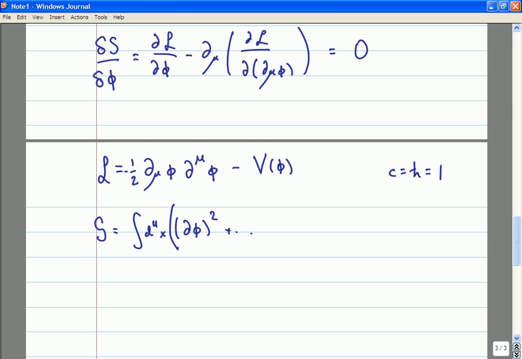So what does that mean? x has dimensions of length. d by dx has dimensions of 1 over length. So in order for this quantity to be dimensionless, that implies that phi has dimensions of 1 over length.